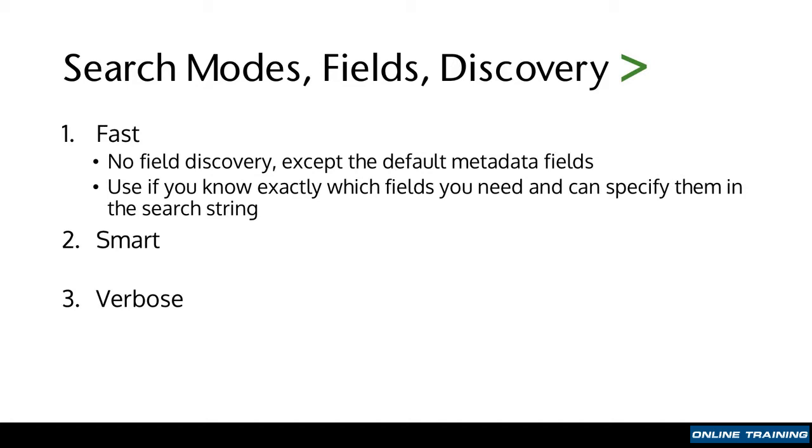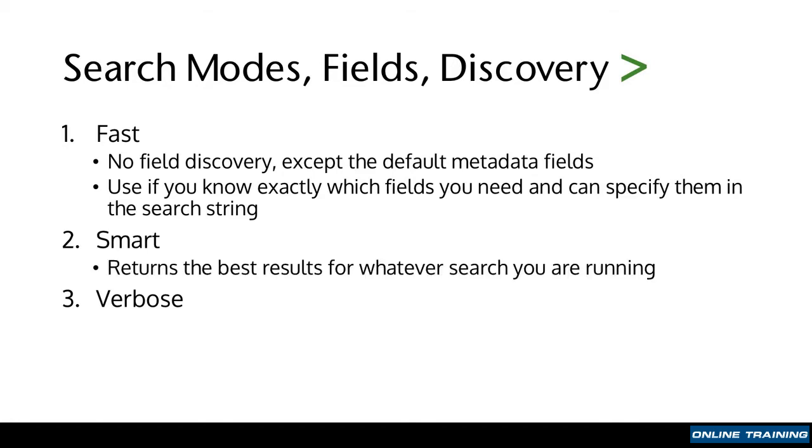Splunk assumes that you know which fields you want, and you've specified them in the search string if you use fast mode. Obviously, fast mode is fast, because you're doing the work of specifying the fields instead of Splunk's engine trying to figure out what the fields are.